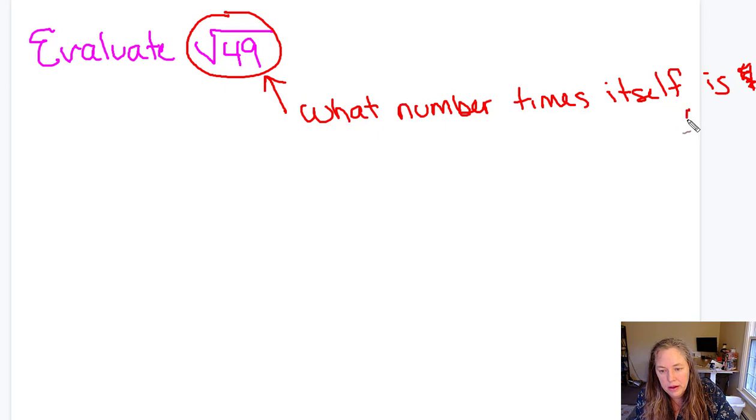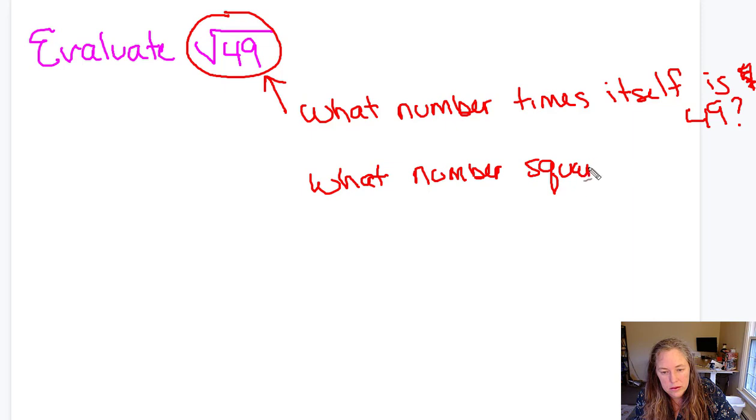Another way to say that is what number squared is 49.